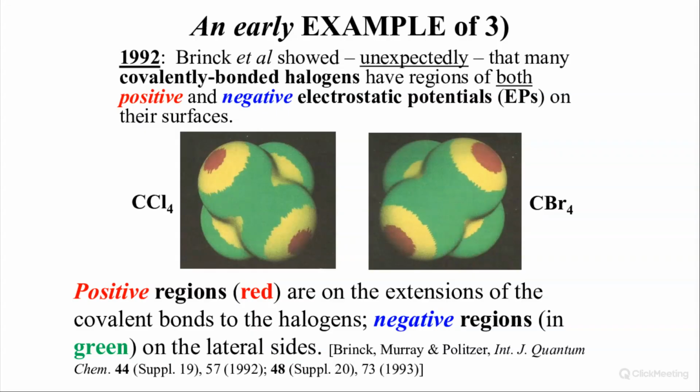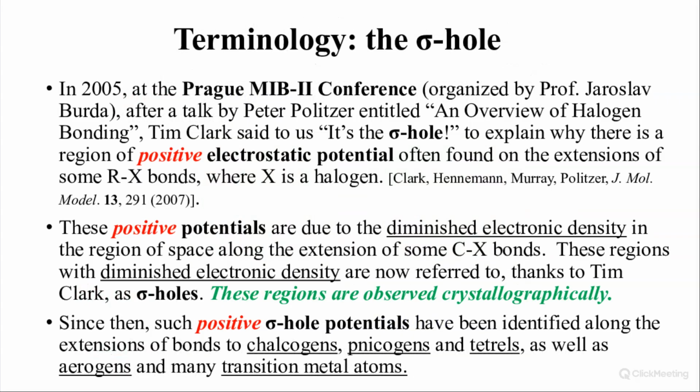And this was unexpected. In fact, initially it was like, is there something wrong here? And then Peter Politzer gave a talk and showed this, and someone said, this can explain halogen bonding. This was in the 90s. It was at a solvent meeting. These are solvents. Anyway, okay.